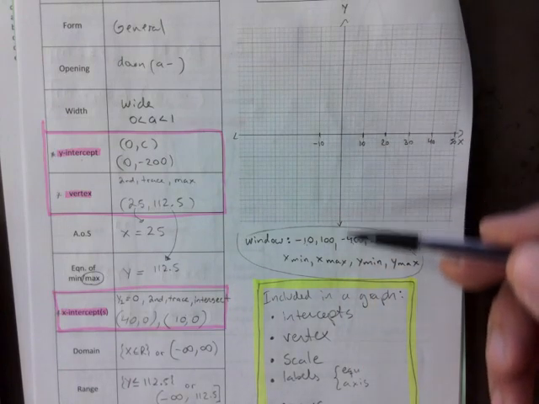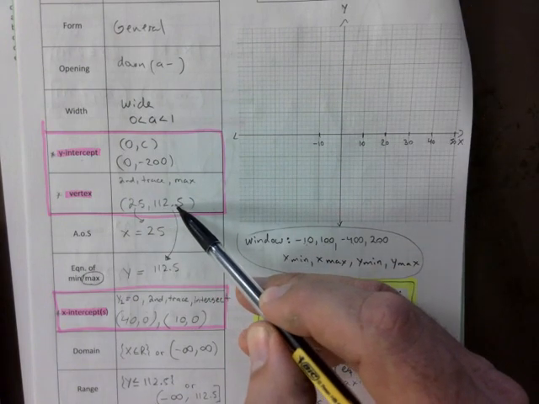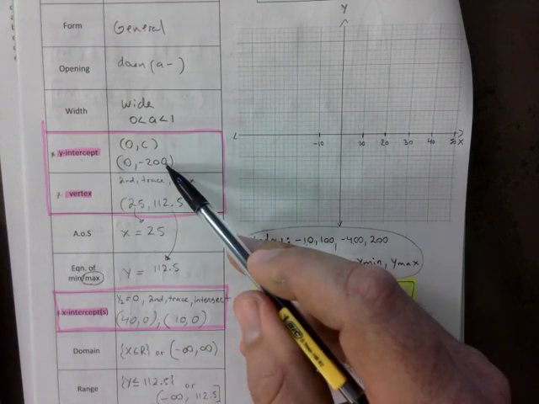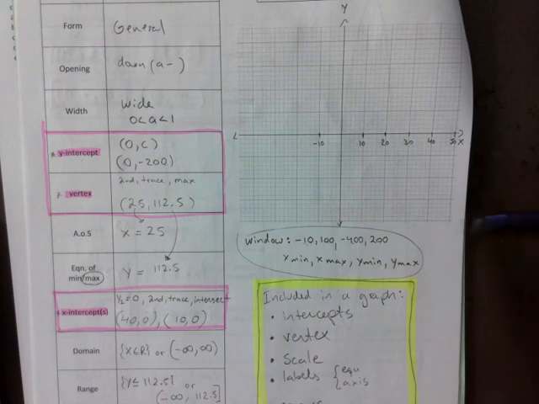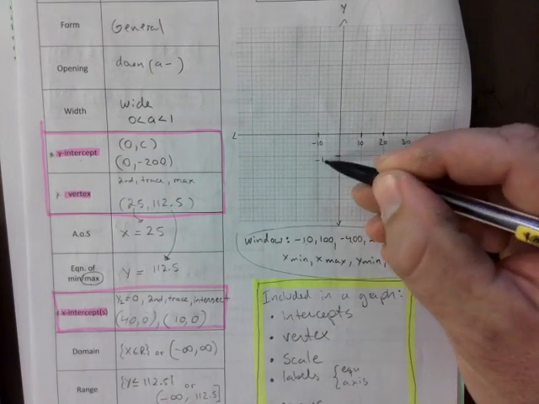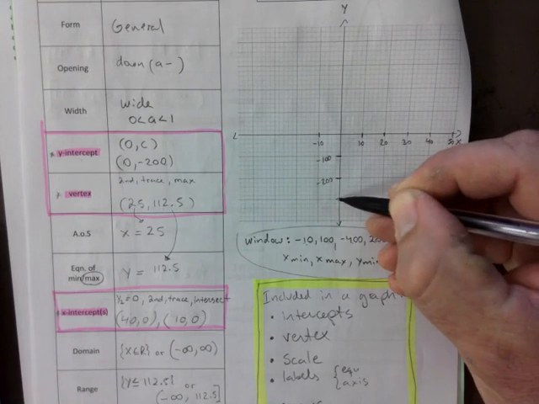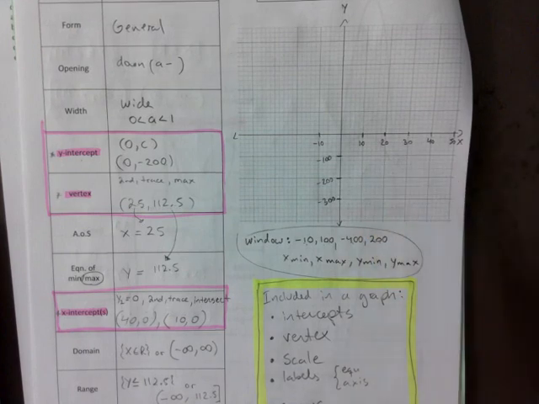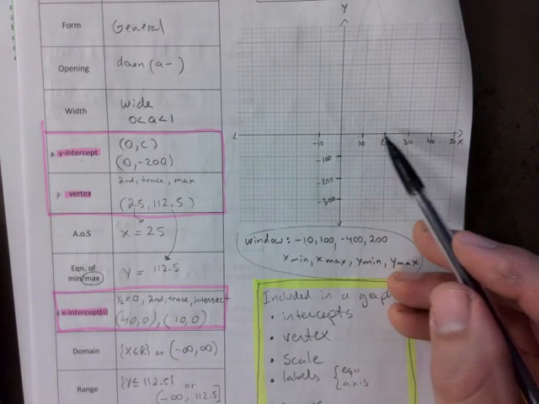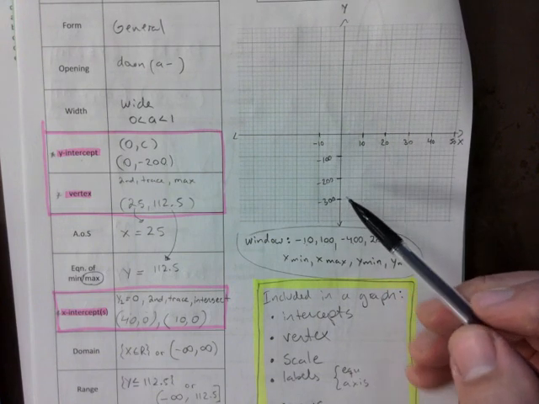And then for my y-axis, I would look at the vertex for sure and the y-intercept. Okay, so I need to make sure negative 200 fits in here. So I think what works well is if you go minus 100 here and minus 200, this would be negative 300, right? And you might be thinking, wait a minute, going up by 10 here, and all of a sudden here it's going by hundreds, and that's fine.